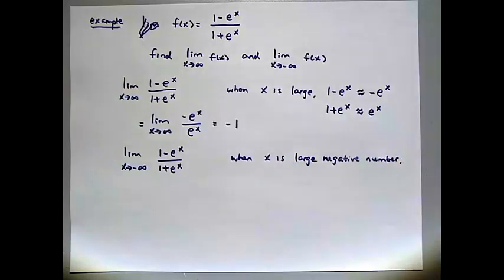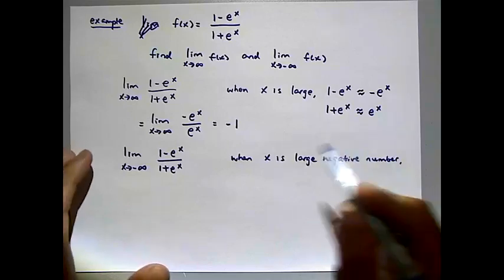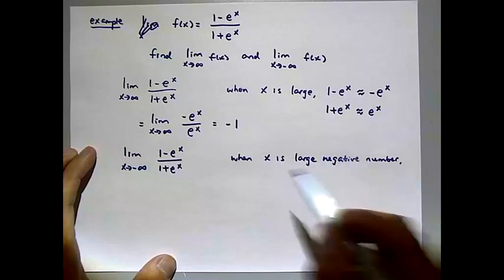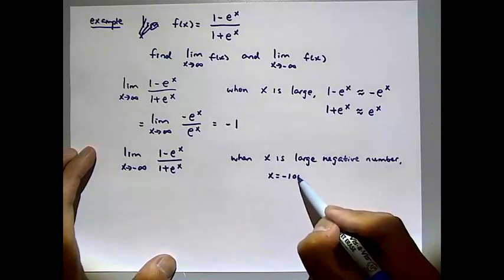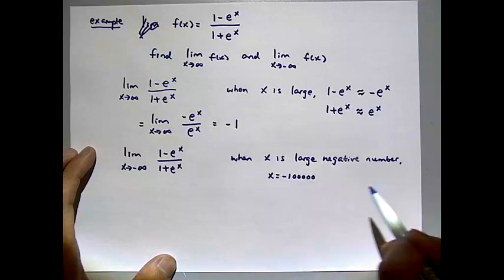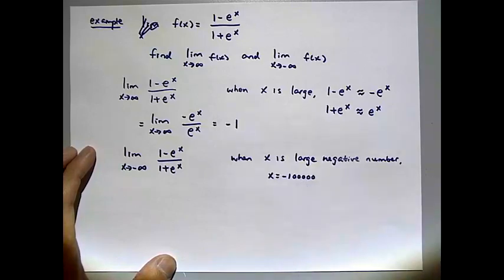All right, so what's e to a very, very large negative number? What's that? A very tiny number, exactly. Let's say, for example, x is minus 1 million, or that one doesn't matter, one super large number.